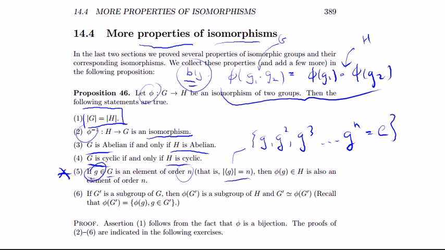Of course, if it's infinite order, it never does, but if it's finite order, it always reverts back to the identity. And there are n elements in this set, which means that the order of g is n. Now it turns out that if you apply the isomorphism to any group element of G, you get another group element in H that has the same order. So you could say that isomorphism preserves order.